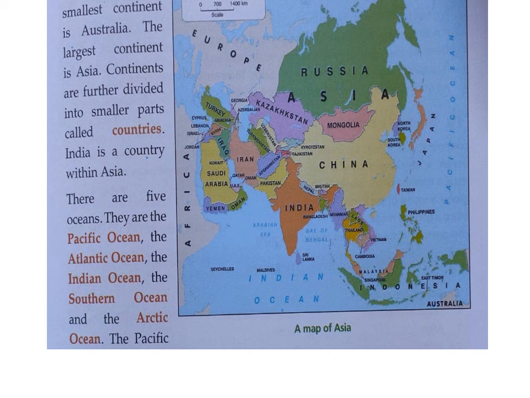These are the countries belonging to the Asian continent. Russia is the largest country in Asia, and as you know, Asia is the largest continent. Okay, thank you. In the next class we will see the different oceans, inshallah.